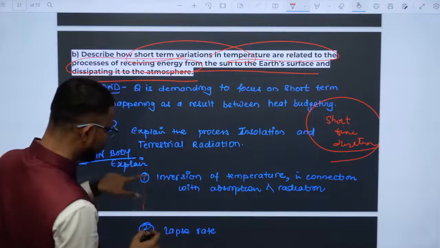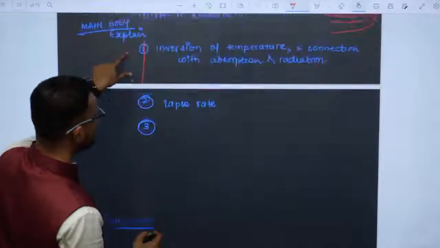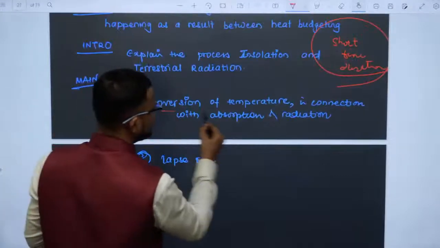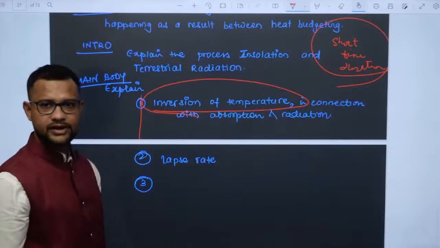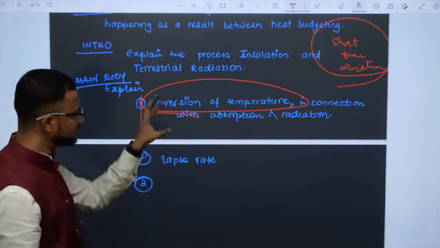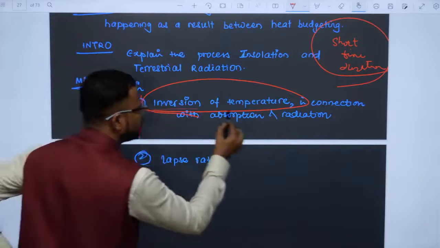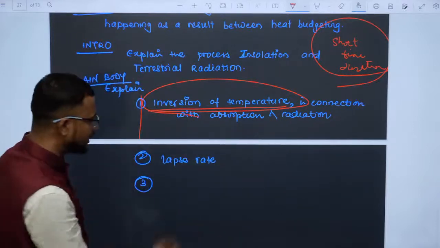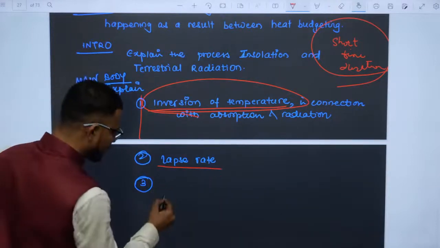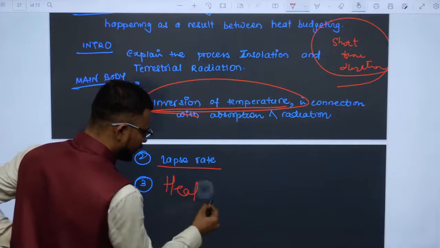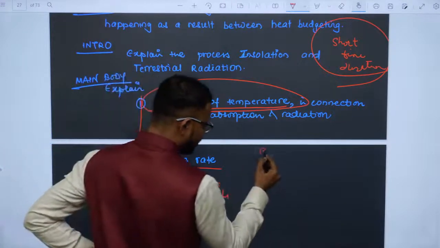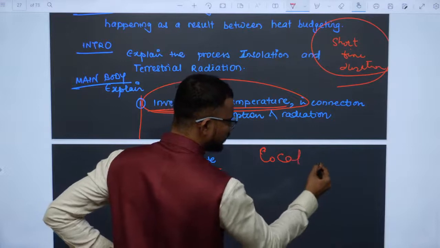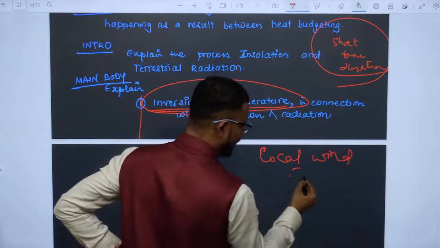So over here you can write the phenomenon of inversion of temperature, climatology, which will be discussed in our lecture for sure. Inversion of temperature will be one phenomenon, the second one the lapse rate, and at the end you need to write about local winds guys, local winds, sea breeze, land breeze.